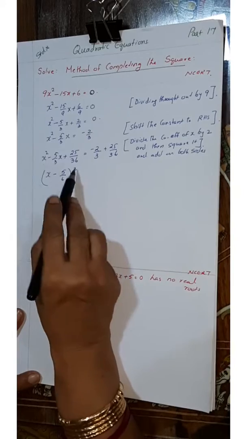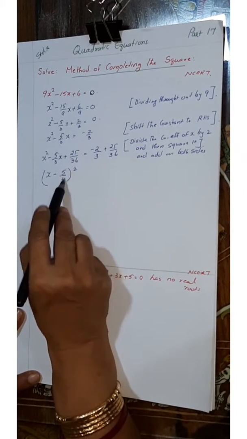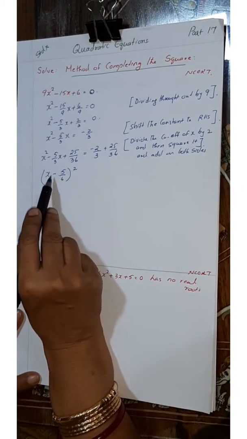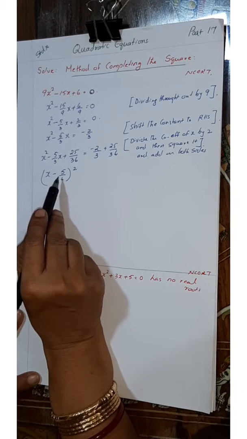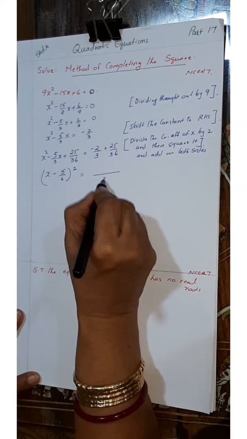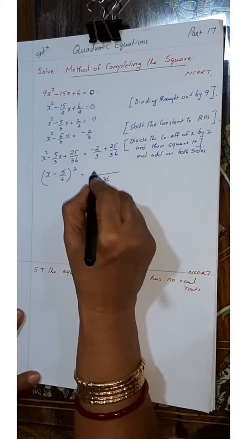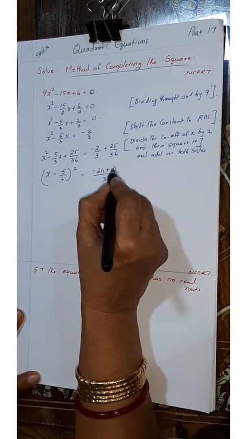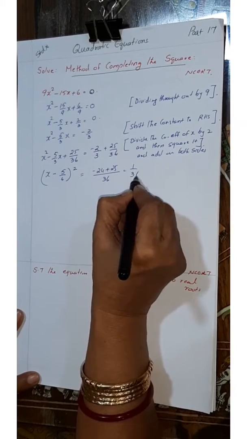If you expand it, it is x squared, then 25 by 36, now 2 into x into 5 by 6, so it will become 5 by 3x. So this is equal to, now simplifying this, minus 24 plus 25, so 1 by 36.